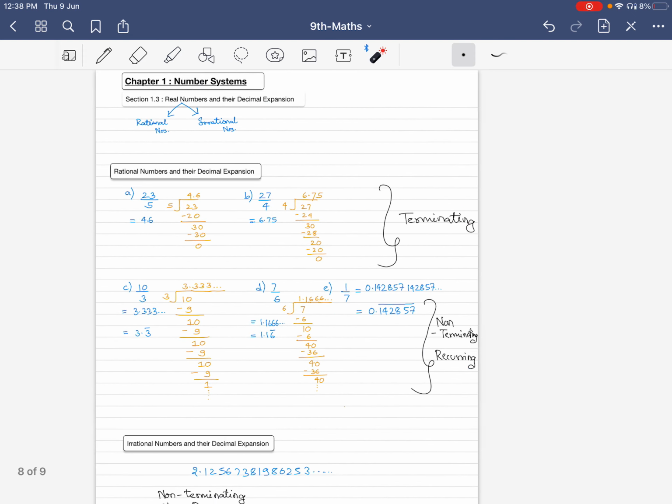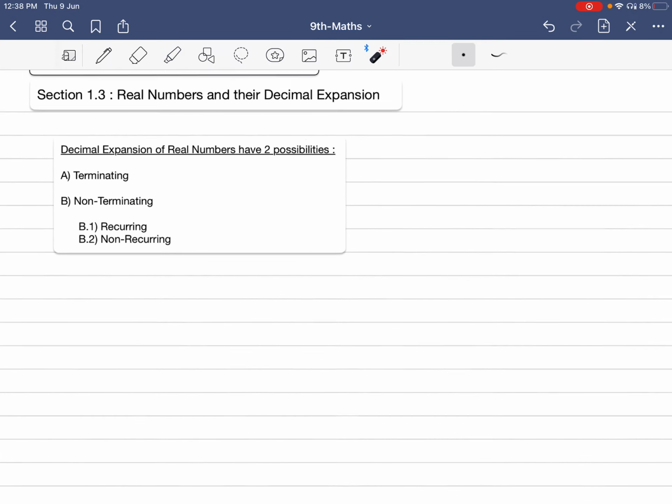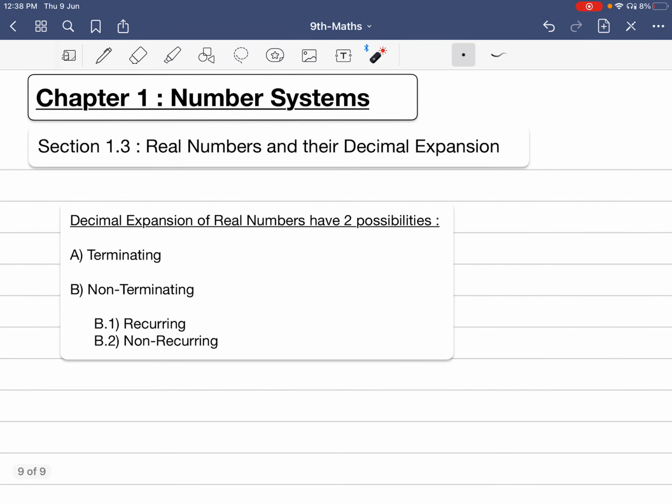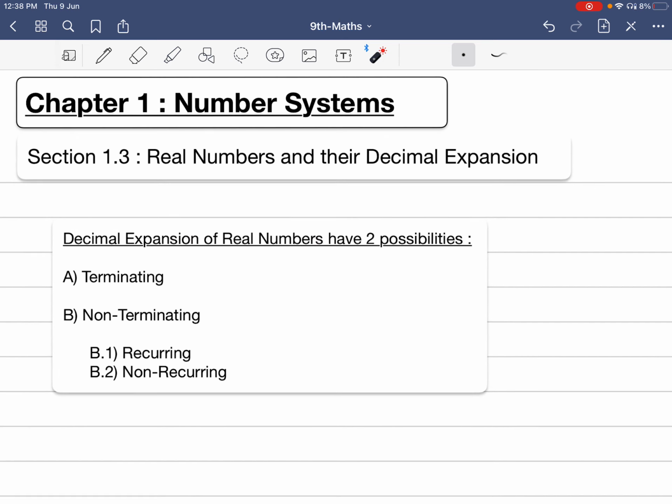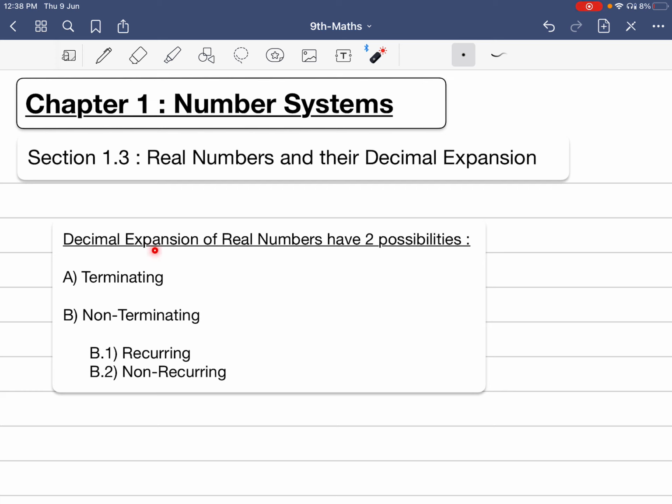Okay, so now a very important conclusion. Here we are. We were checking real numbers and their decimal expansion. So the decimal expansion of real numbers has two possibilities. Either the decimal expansion will be terminating or it will be non-terminating.